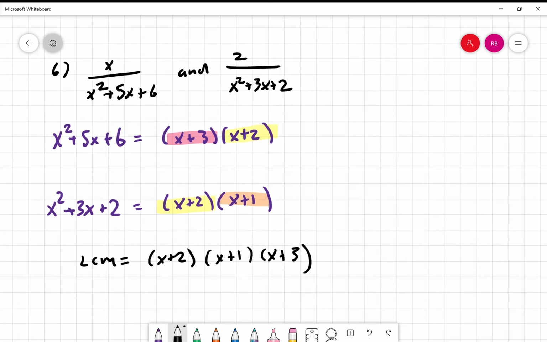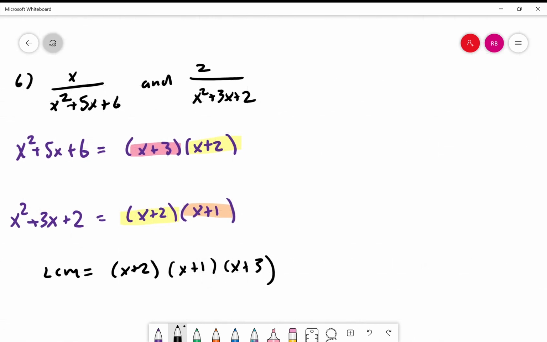So now let's do that first one. First expression, we have x over, now instead of writing out the x squared plus 5x plus 6, let's do the factored form which we wrote down here, x plus 3, x plus 2. That just makes it easier to see what we're missing from our LCM.